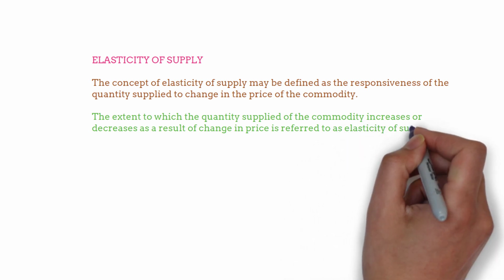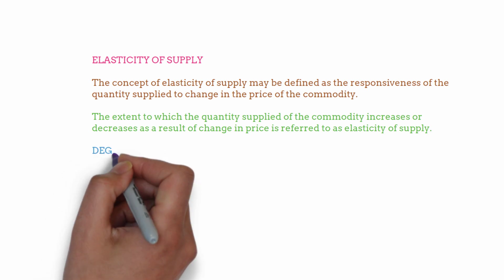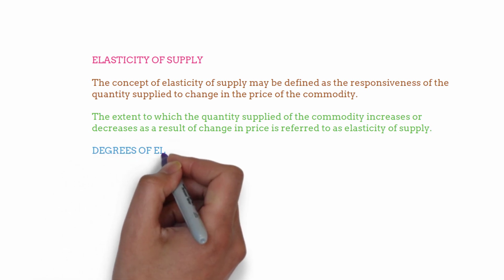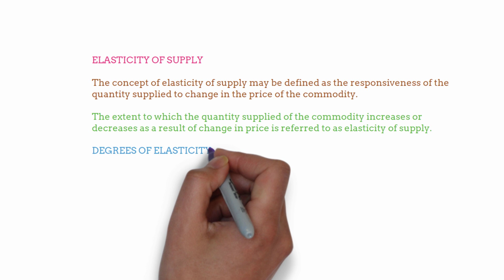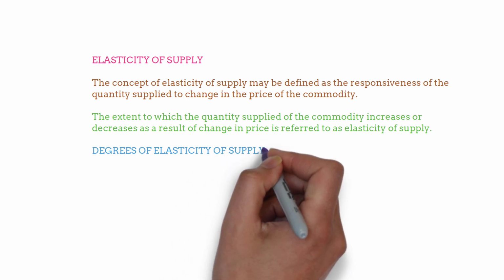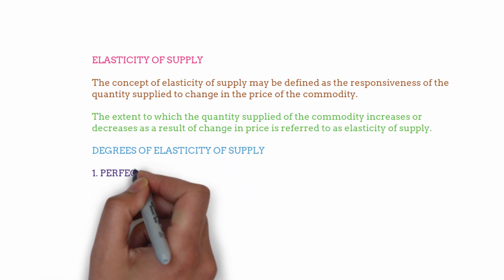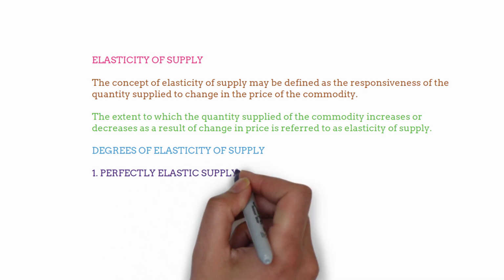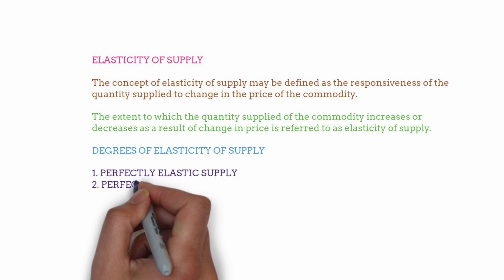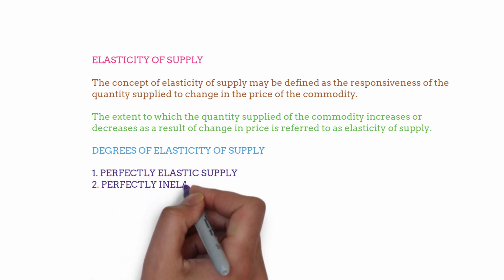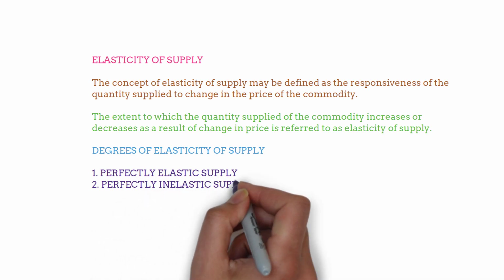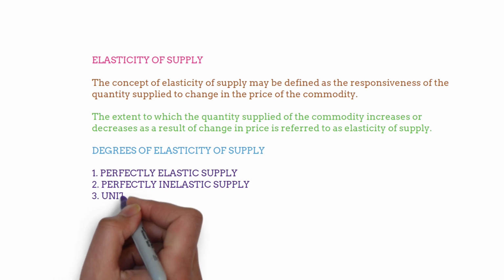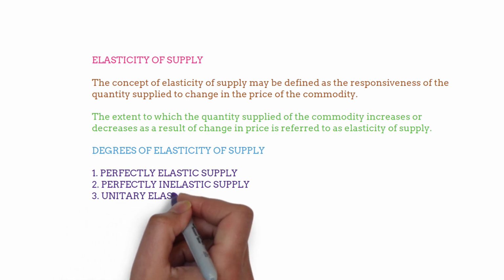Now, degrees of elasticity of supply. There are 5 degrees of elasticity of supply. 1. Perfectly elastic supply. In this, elasticity of supply is equal to infinite. Perfectly inelastic supply, elasticity of supply equals to 0.